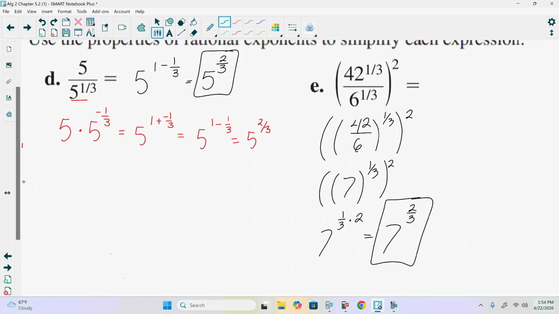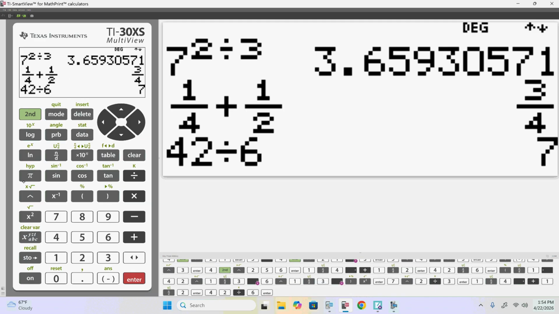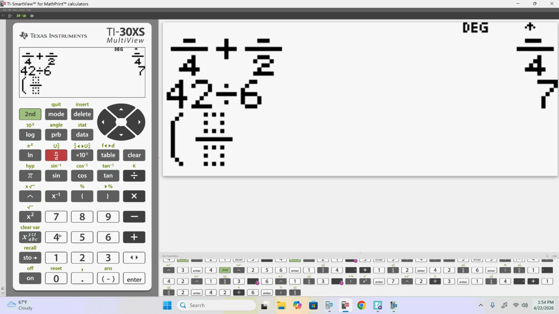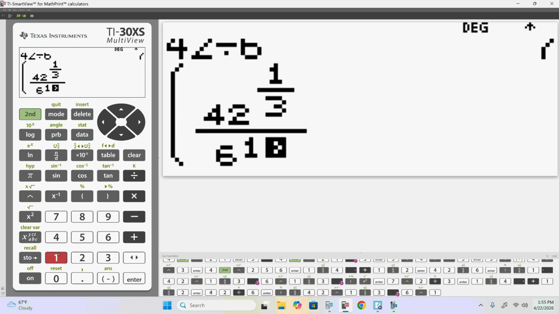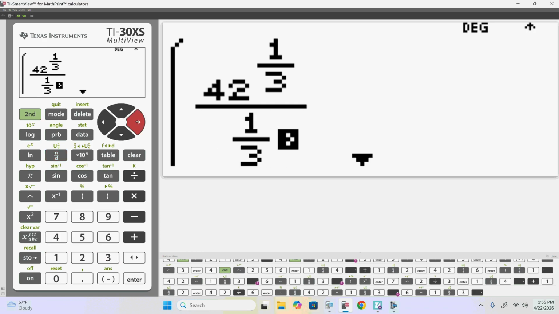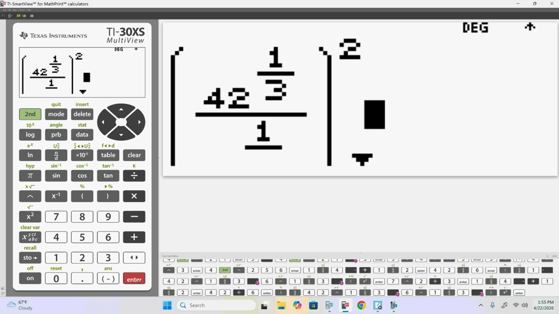We get finished simplifying this and we're not sure we got the correct simplification. Do we have a variable written anywhere in that last one? Well, no, that's straight numbers all the way through, yes? 42 to the 1/3 over 6 to the 1/3 squared. I can grab a calculator and say 42 to the 1/3 over 6 to the 1/3 squared.